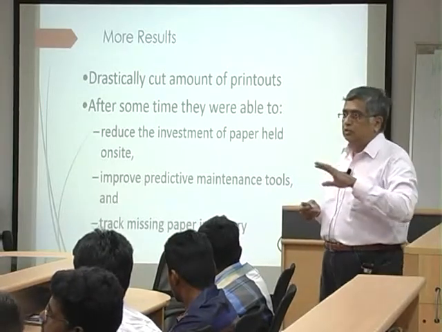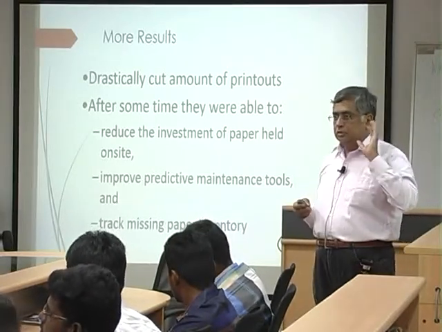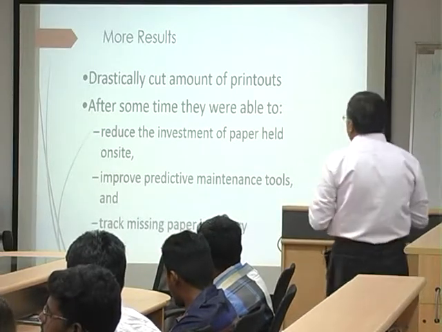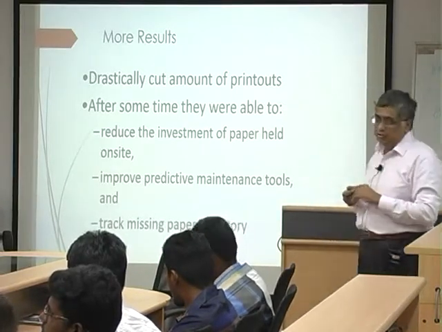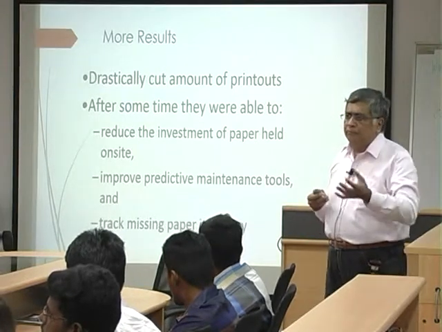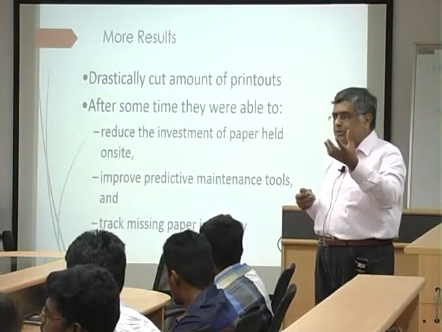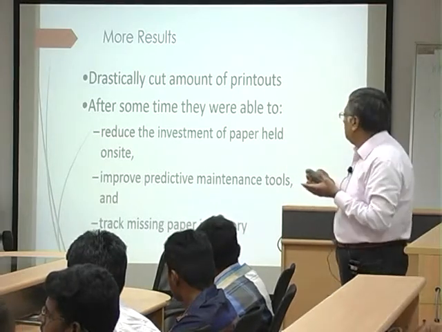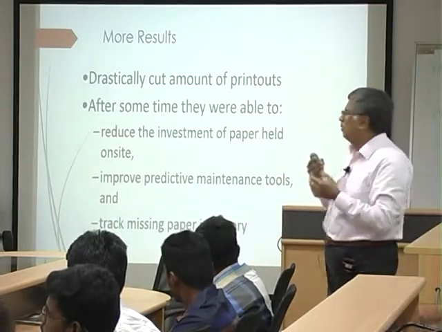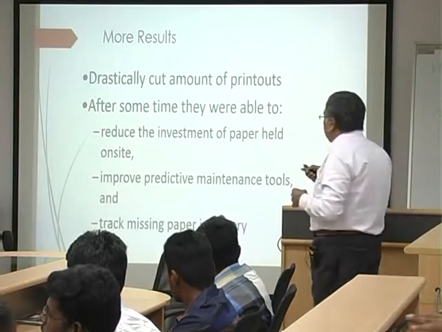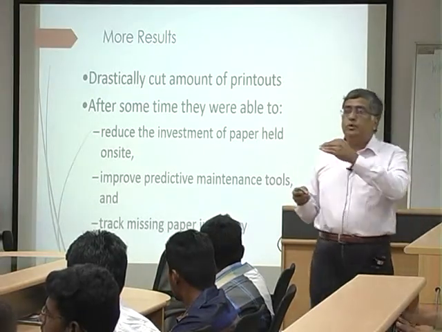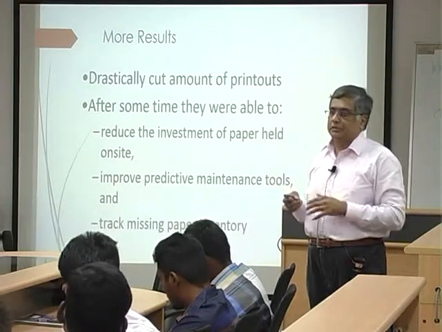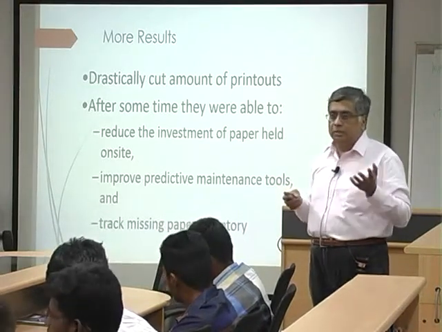The cheapest one would be to send it to a network printer. After some time, they were able to reduce the investment of paper held on site. So they can even plan, even though it's a document and we're thinking of a digitized library, you can also plan for the forms and the paper on which the form is printed. Okay? And for the copiers, you could plan your preventive maintenance, either predictive maintenance or preventive maintenance, same thing, right?